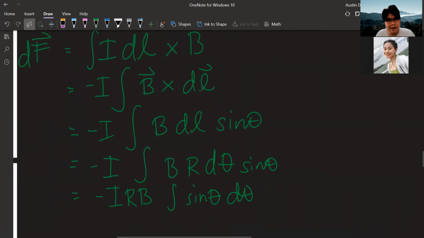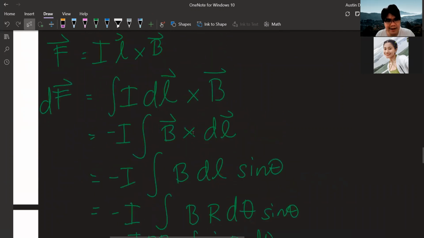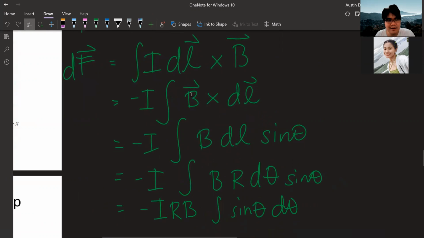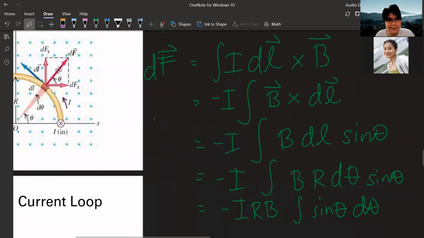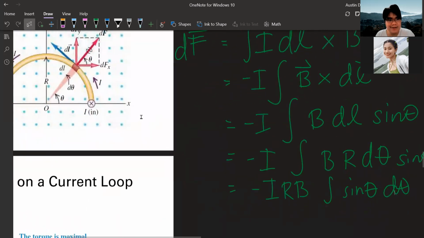Okay. So, binaliktad natin siya, no? Binaliktad natin. So, yung cross product natin would come from B going to the path. Okay. Weird. Nakakalito siya.